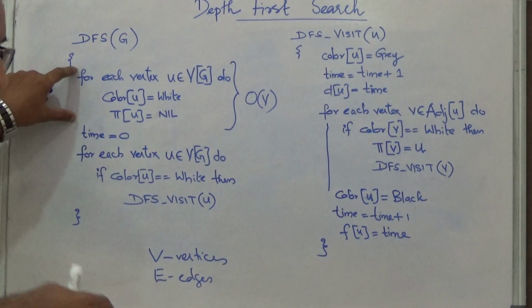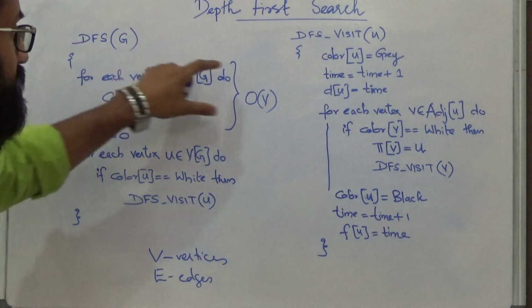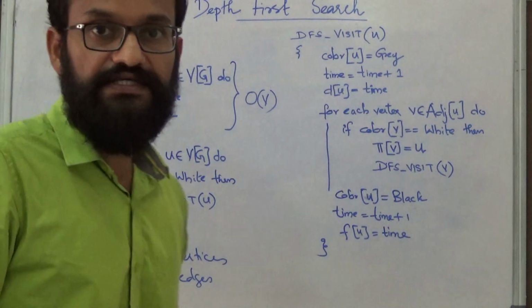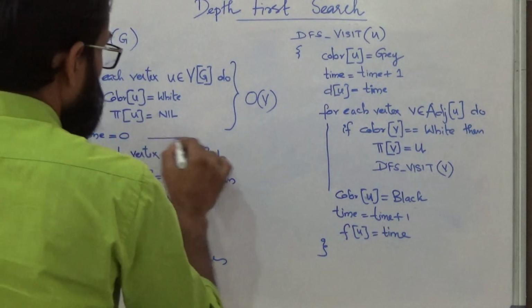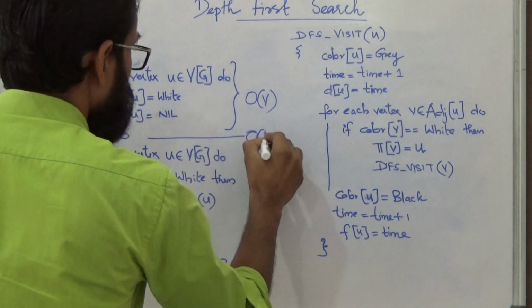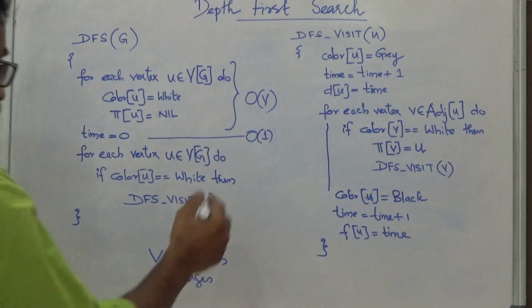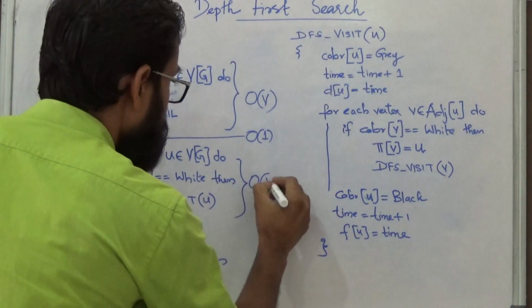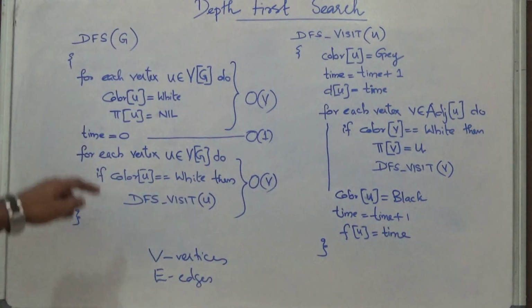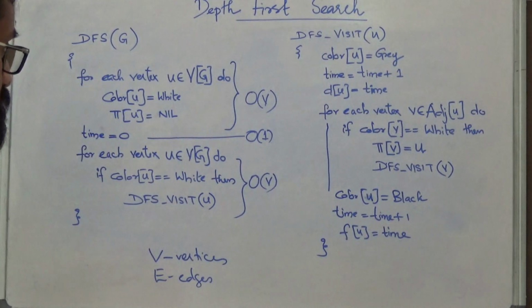In order to initialize all the V vertices, you need to spend order of V time, since initialization of a single vertex takes constant time. Then this step takes constant time, initializing the global variable. And this particular block takes order of V time, in the sense that for each vertex you have to repeat this process.